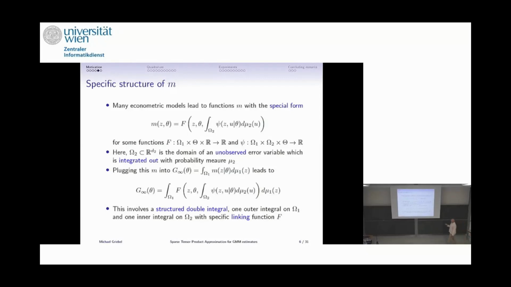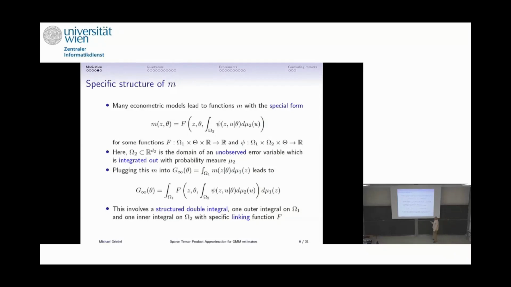The other thing is this interior function, the psi, has a certain smoothness and lives on two parameters. The third one is the theta, on z and u. Oh, I forgot to say, the unobserved error variables are in U. The data were in Z. And the theta is the parameter, okay? Now, this is the structure where most of the models we came across fit into. A very strange thing.